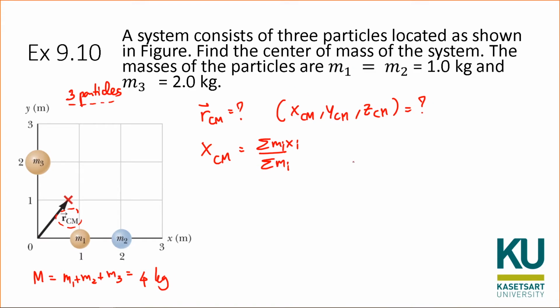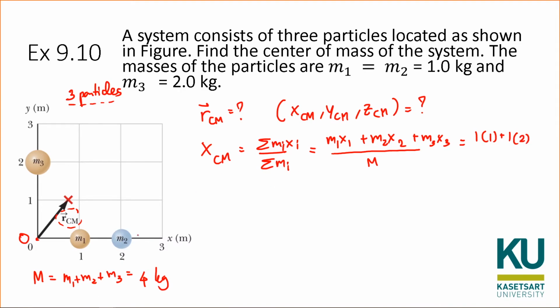The individual masses you have. So to find the XCM, you can just substitute all the information you know already. It is M1X1 plus M2X2 plus M3X3, divided by big M, the total mass. Substitute M1 as 1 kilogram, X1 is this position, which you can see is 1 meter, plus M2 is 1 kilogram, X2, as you can read from this chart, is 2 meters.